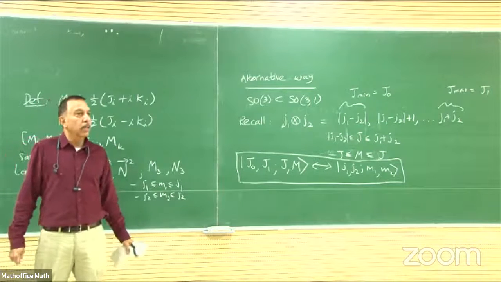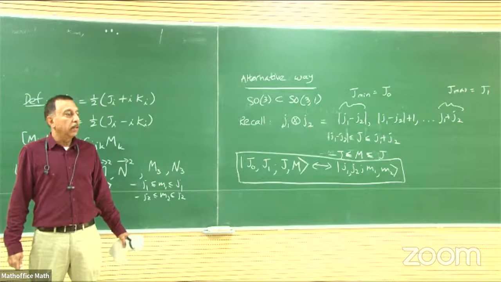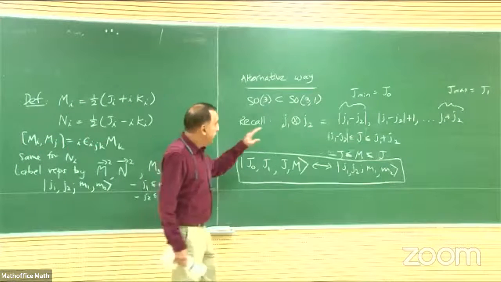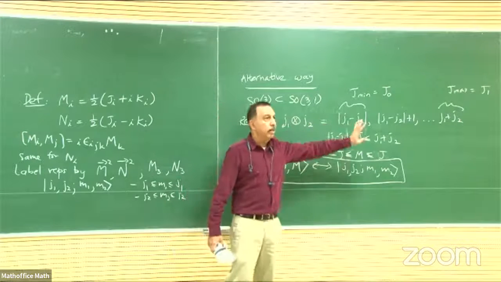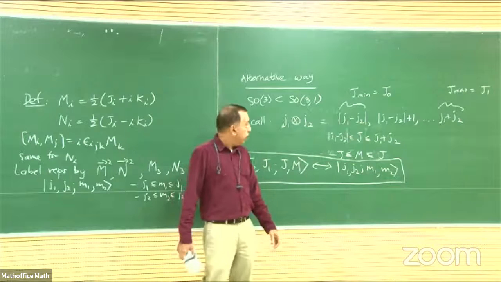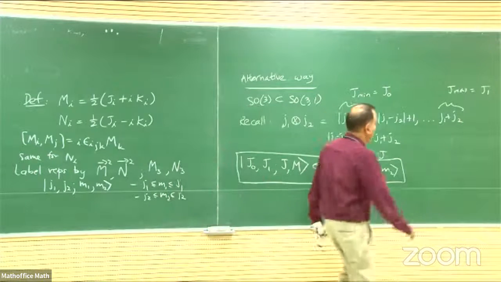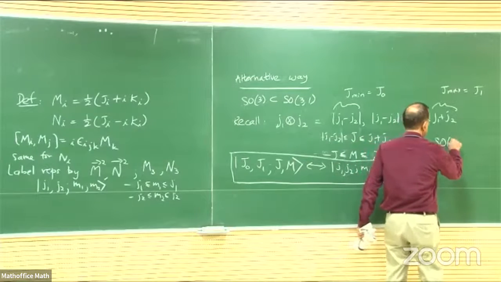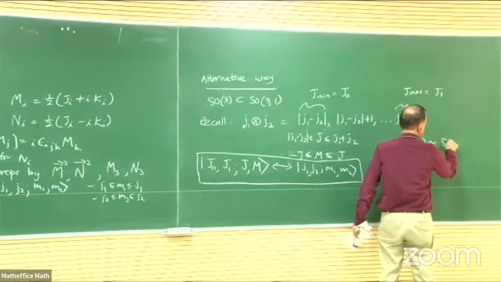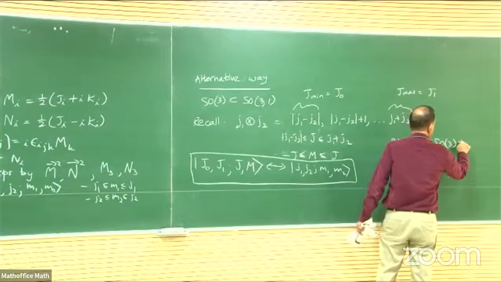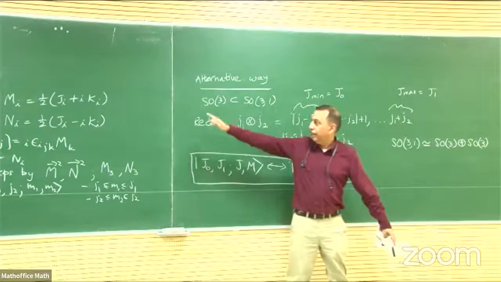Yes. Each of them is a representation of SO3. If I treat each one as a representation of the same SO3, then the tensor product is again a representation of that SO3. Maybe I should have said this: SO3,1 means something like, but not exactly, the two SO3 algebras, the M's and N's.